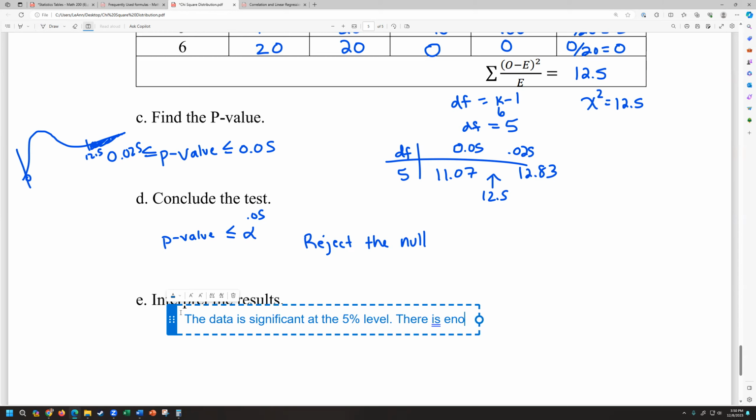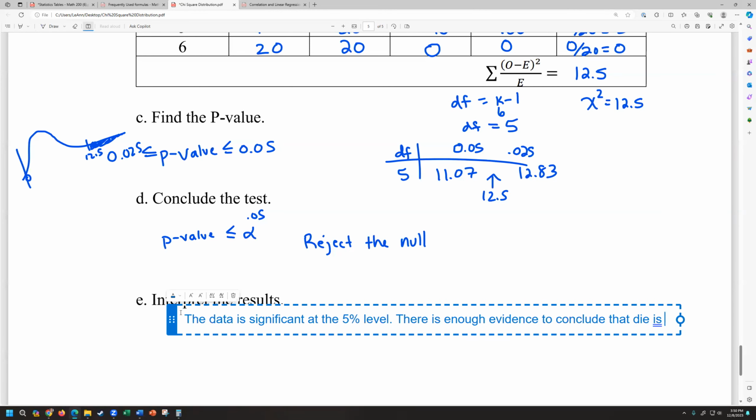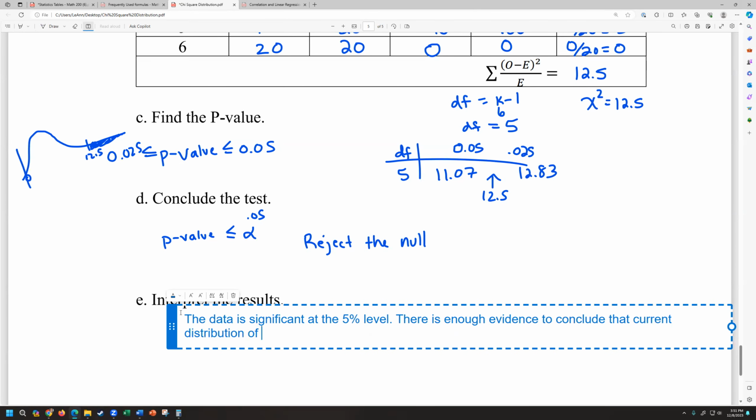There is enough evidence to conclude that, and if we look at our phrasing from the actual problem, the current distribution of the die is not a good fit for the probability distribution of a fair die.